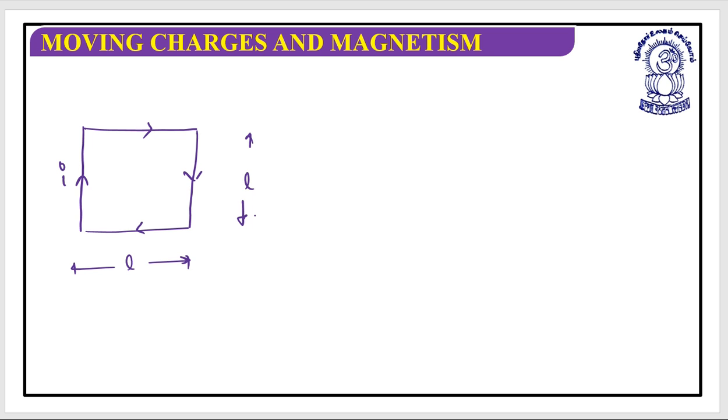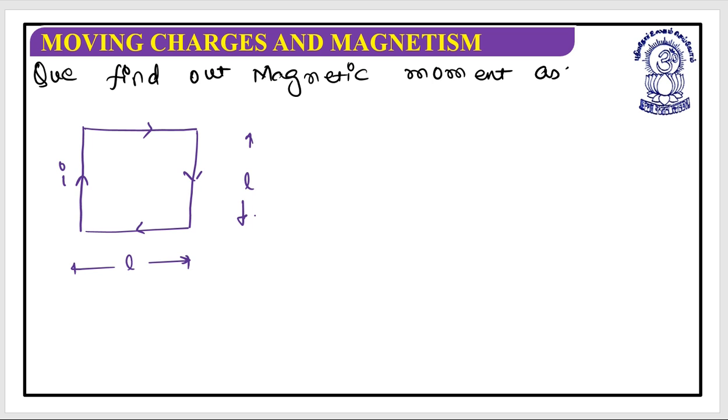You can see it is in clockwise direction. So the question is, find out the magnetic moment associated with the given loop.